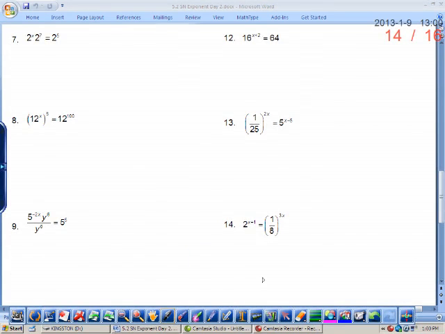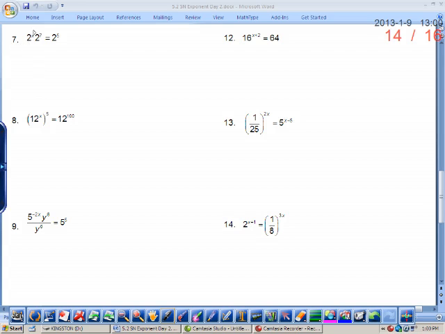Okay, so here the situation is that we've got x in the exponent, and we are trying to solve for x. So our goal is going to be to get the same base on either side of the equal sign. So how could I simplify the left-hand side here?